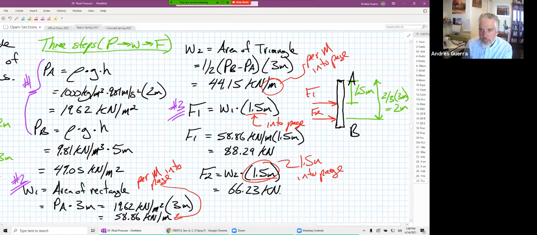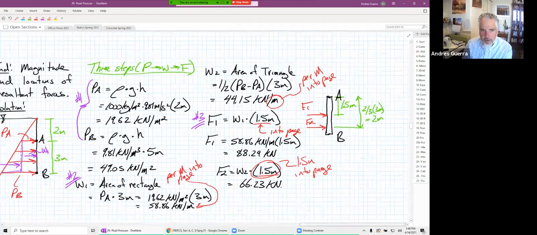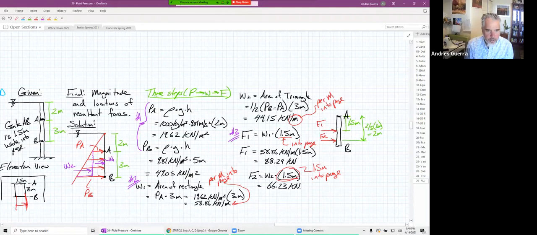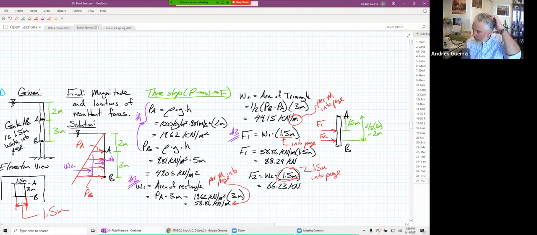And that was that 1.5. If I zoom back out here, that 1.5, that's this distance here. That's all I'm over in the bottom left corner, right? That's our 1.5 meters. That's the gate. AB is 1.5 meters wide into the page. Any other questions?